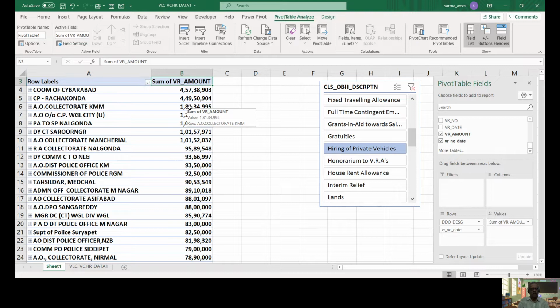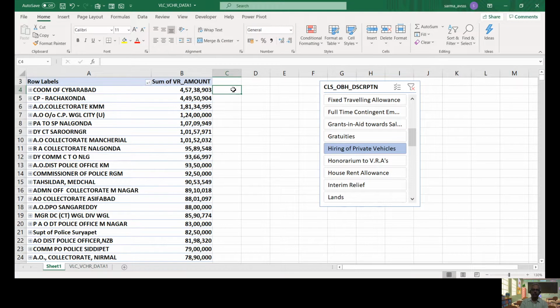But to know whether any outlier is there or not, simply what we can do is divide. Suppose for a month the cap is 33,000 for one vehicle, right? If one vehicle was hired for a year, because this is an annual expenditure, 33,000 into 12 comes to 3 lakh 96,000 they can pay for one vehicle.